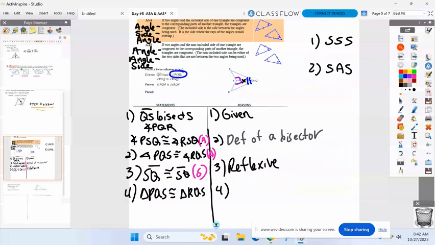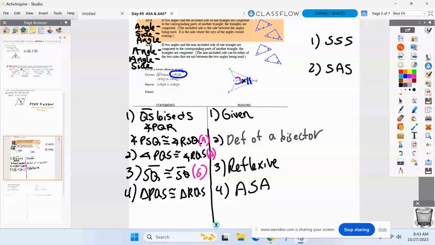Cover up one of the triangles and see if that reflexive side we marked is in between the other two angles or not. Angle, side, angle, yep. Does everyone see the reflexive side is in between? We're all good then? Okay.